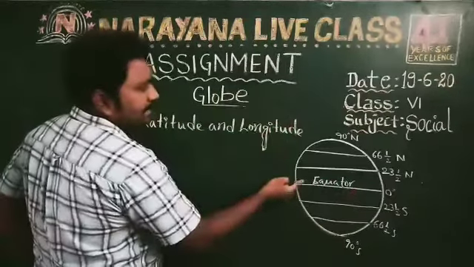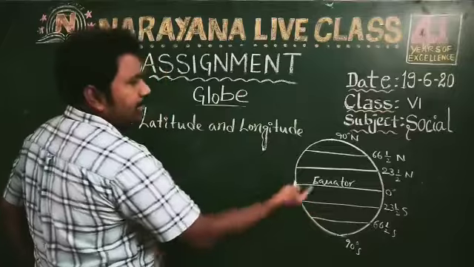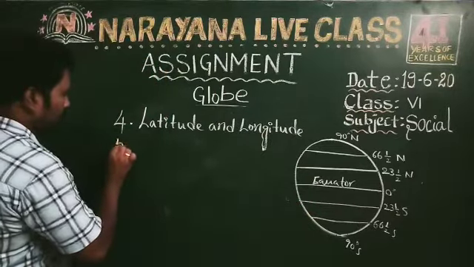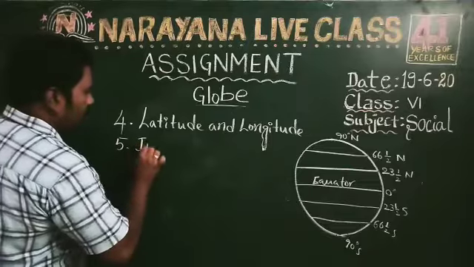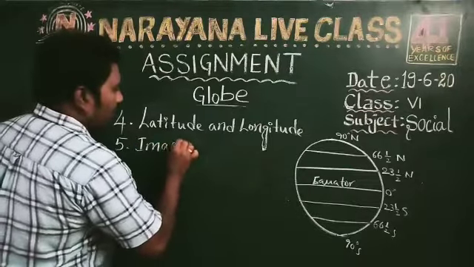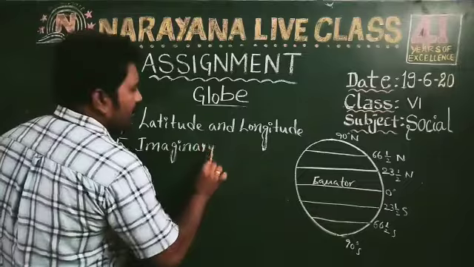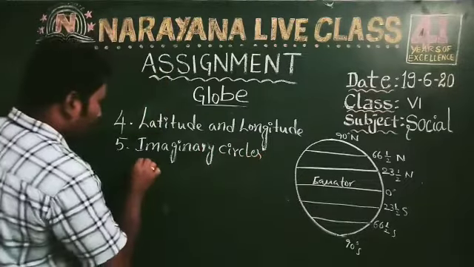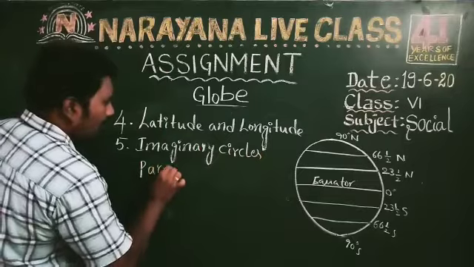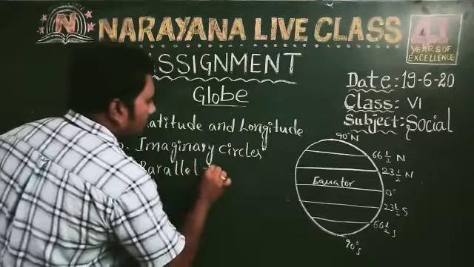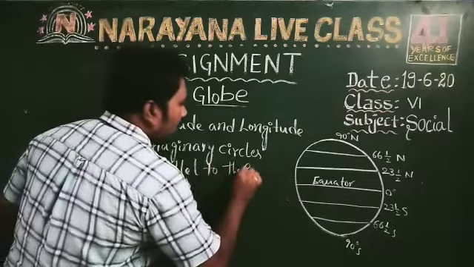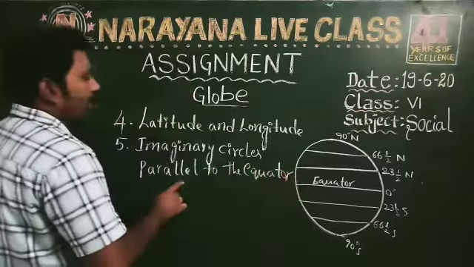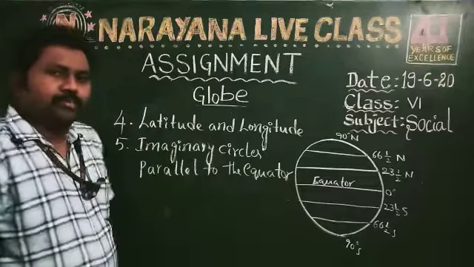So the imaginary circles parallel to the equator are called latitudes.